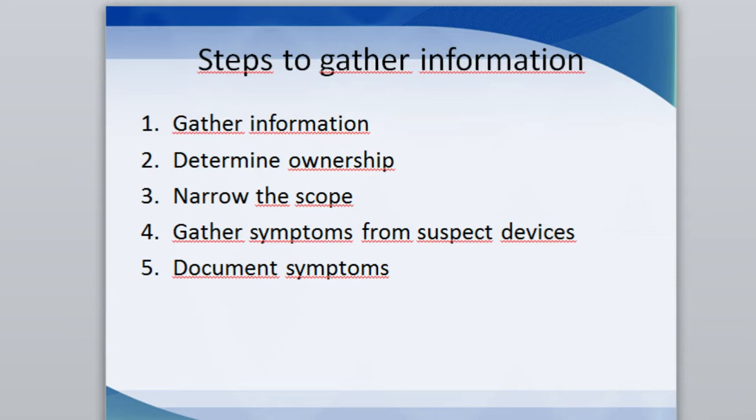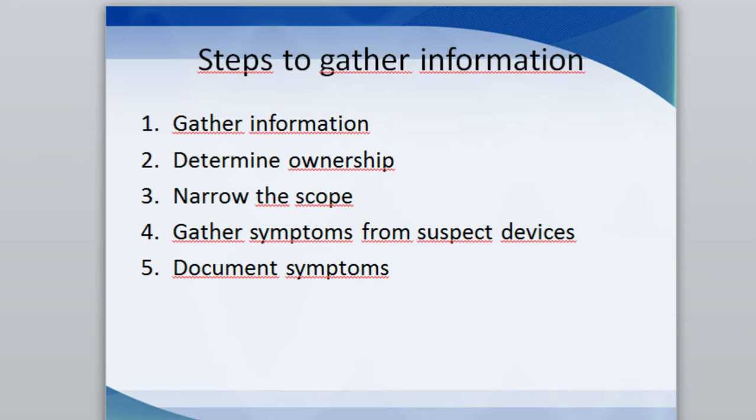The second step in the gather information stage is determine ownership. This means to establish if the problem happening is within our organization. If the problem is within our organization, then we can proceed to the next step.